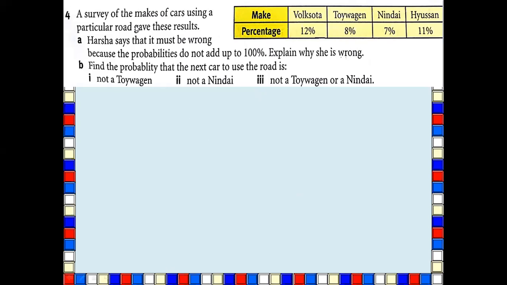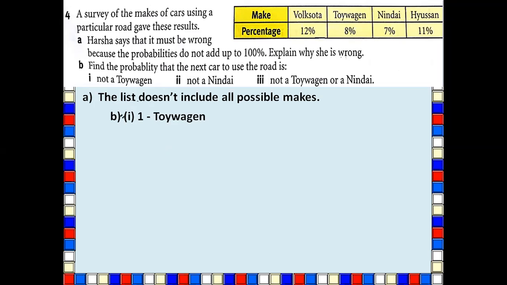It's about makes of cars using a particular road. Yes. Are these the only makes in the whole world? No, there are many more cars. That's it. So the list doesn't include all possible makes. We might have other makes.